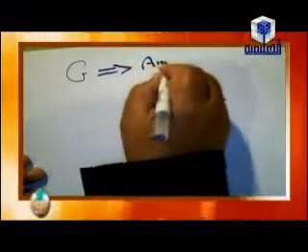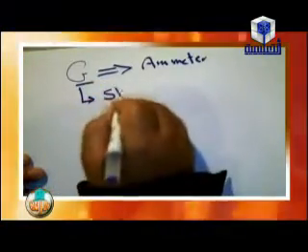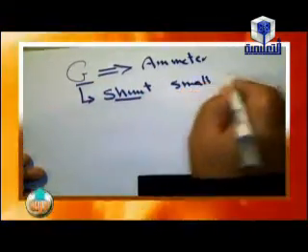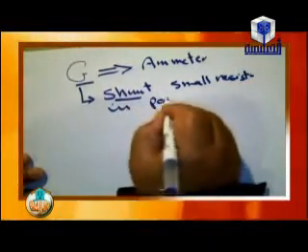We can add another question from me. We can convert a galvanometer into an ammeter. We connect with it a shunt, which is a small resistance in parallel.